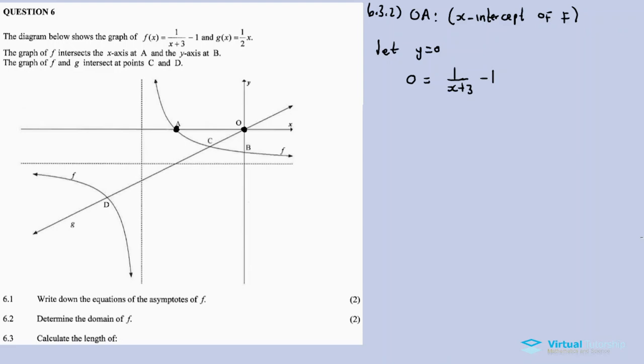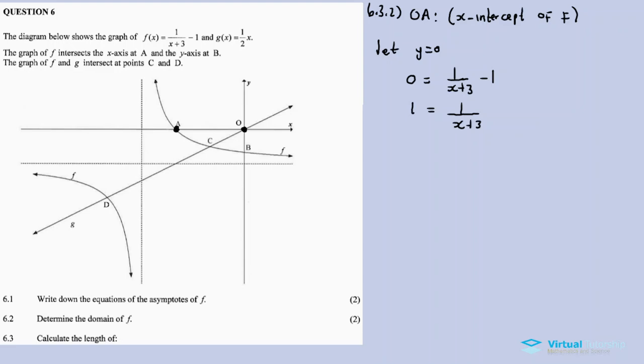The first thing I can do is find the LCD and multiply every term, or I can just transpose the 1 to get a positive, or I can transpose this fraction to the left hand side. It doesn't matter, but I like working with positive numbers, so that's why I transpose the -1.